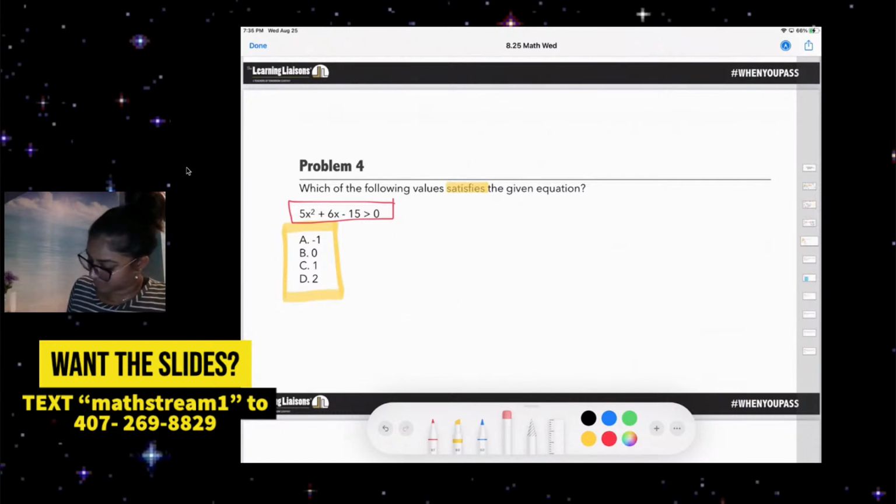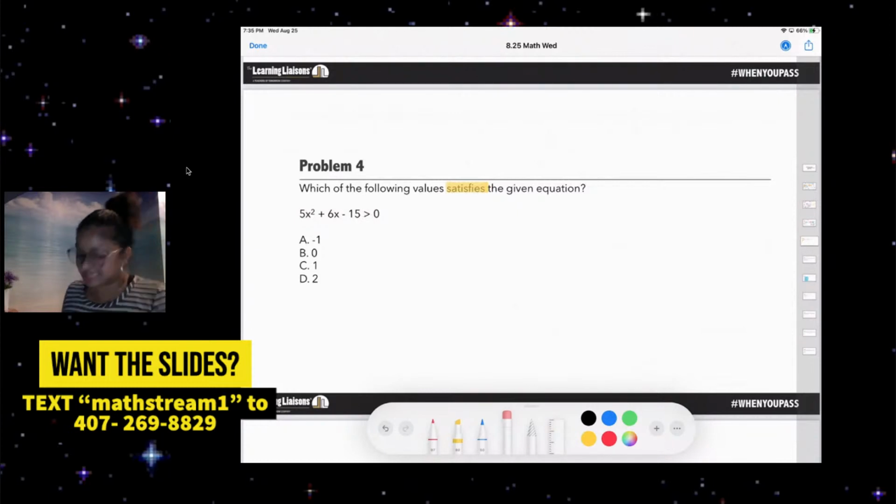So, how do we do that? It's a plug and chug, but I'll give you a hint before we start plugging and chugging. The problem reads, the inequality, 5x squared plus 6x minus 15 is greater than 0.